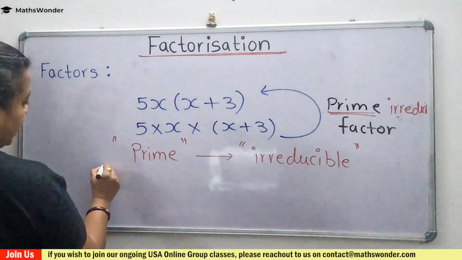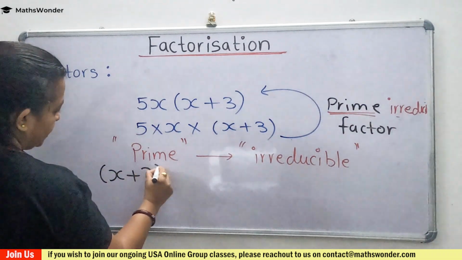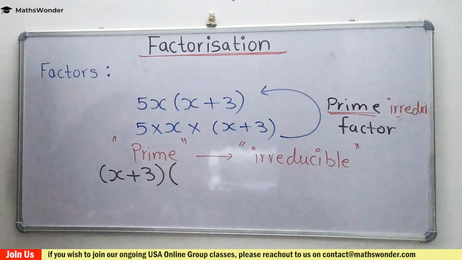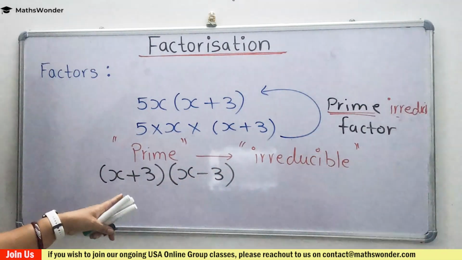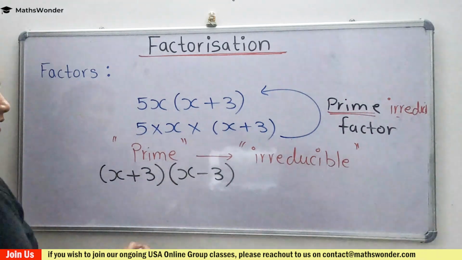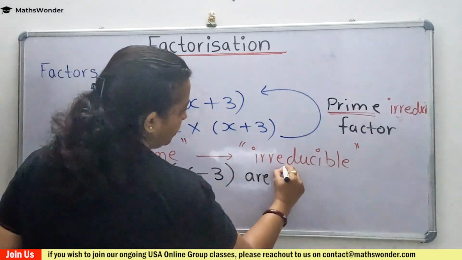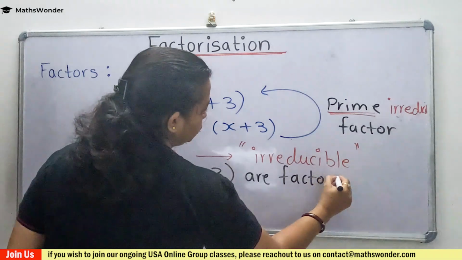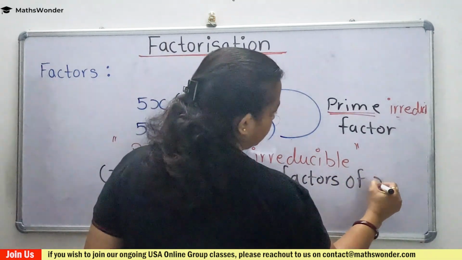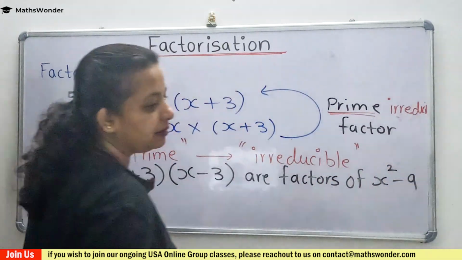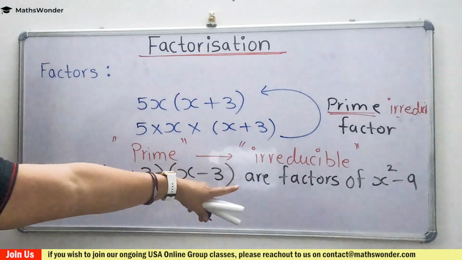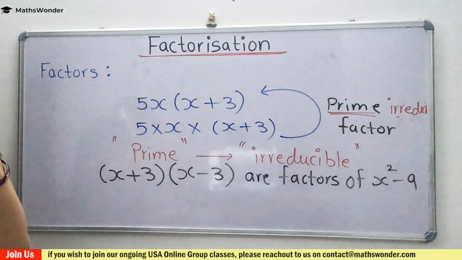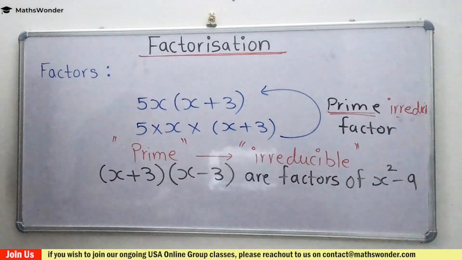Suppose x + 3 and x - 3. x + 3 and x - 3 are factors of x square minus 9. These two are the factors of x square minus 9. That means factorization is the reverse process of multiplication.